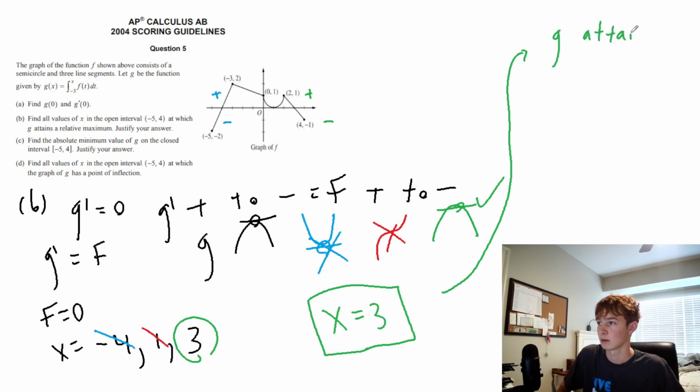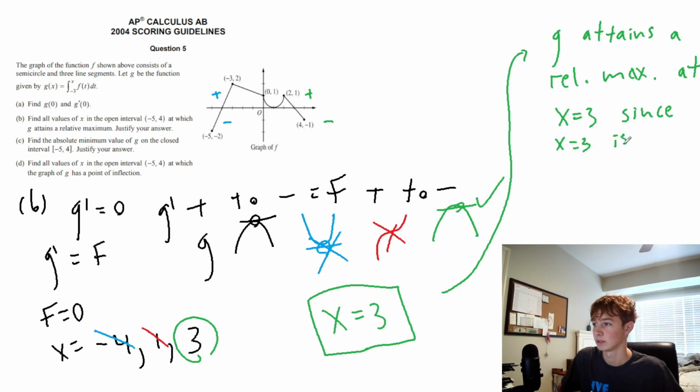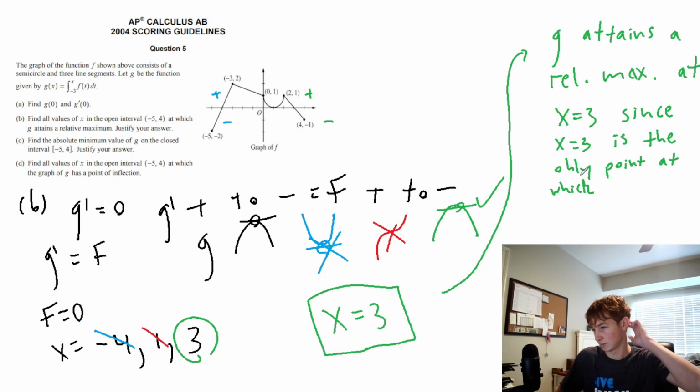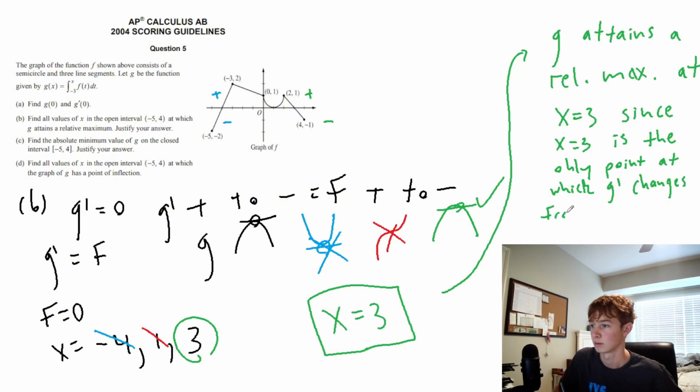G attains a relative maximum at, it only asks for the x value, so at x equals 3, since x equals 3 is the only point at which g prime changes from positive to negative.